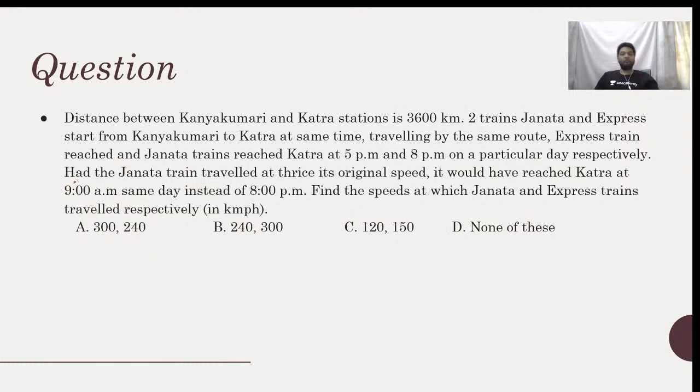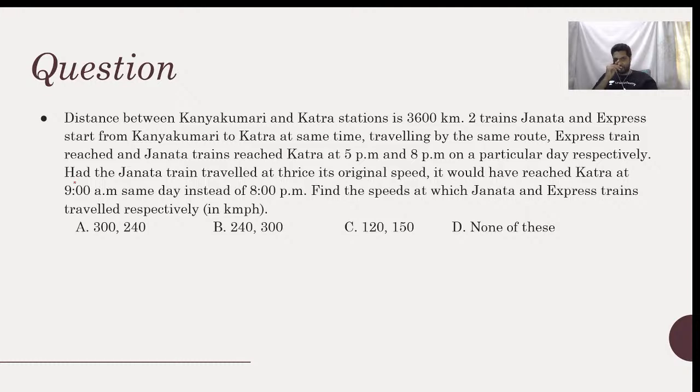Next, let us look at this question. Here, he says, the distance between Kanyakumari and Katra stations is 3,600 kilometers. Two trains, Janata and Express, start from Kanyakumari to Katra at the same time, traveling by the same route.